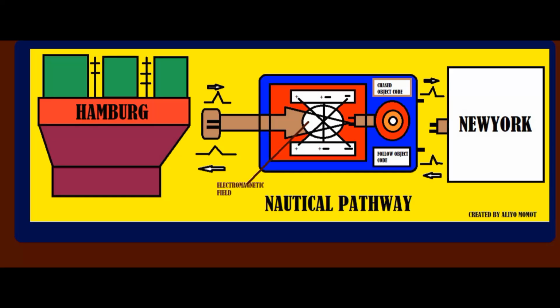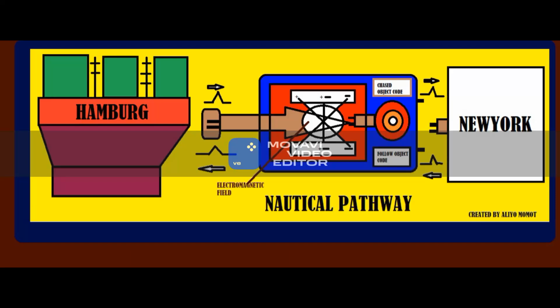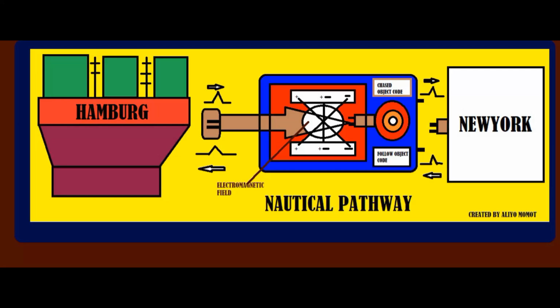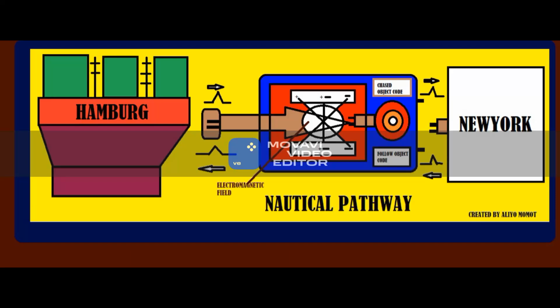This machine corrects this machine because it is attached to a pathway, and the only way this machine can recognize this pathway is through this electromagnetic field. So once this machine recognizes this machine, there will be a movement.